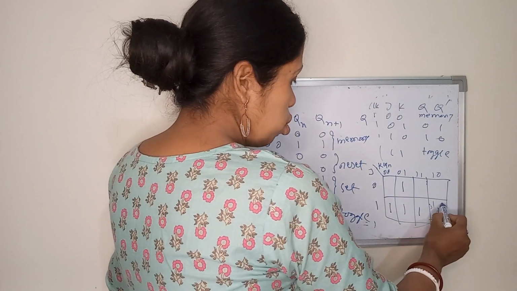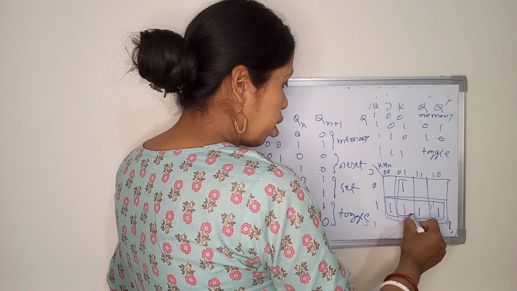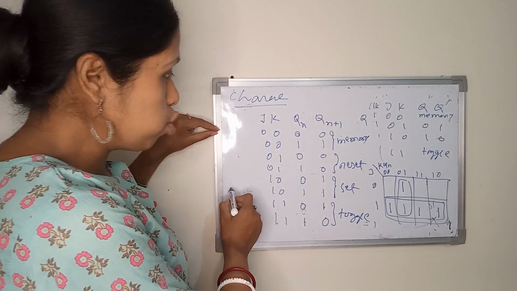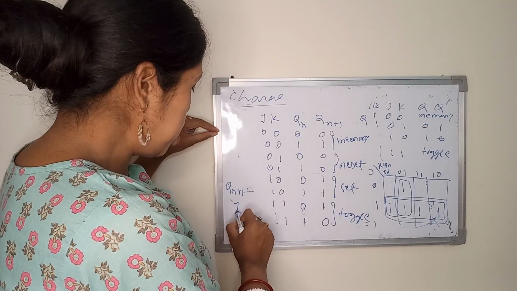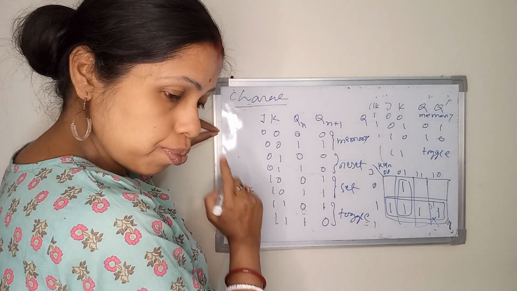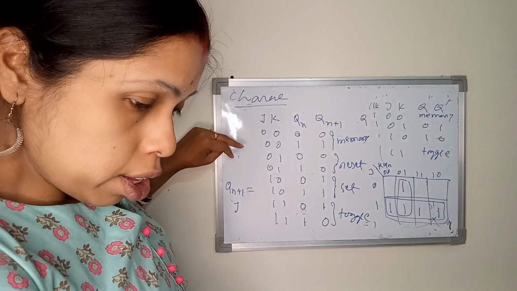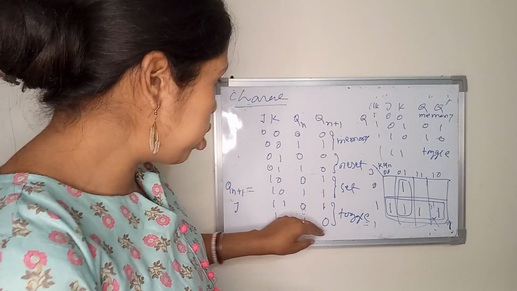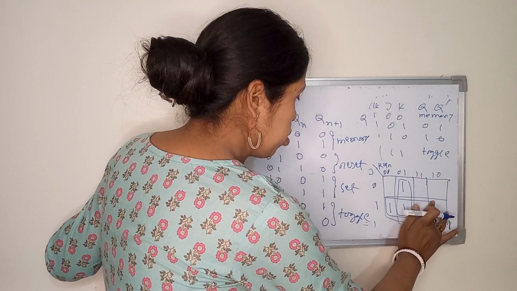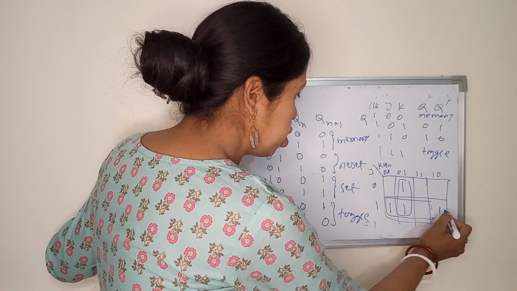Okay, so this will create a quad and this will create a pair. Sorry, for 1, 1, 1 it is 0, so it will not come here, only this one.